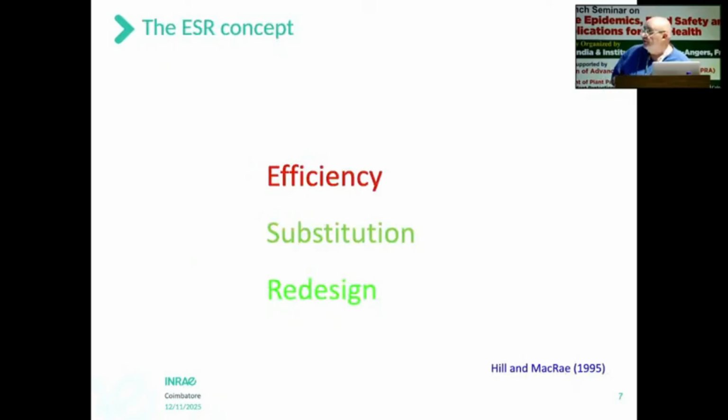I have to introduce another concept. I don't know if you're familiar with that in India, it is the concept of ESR. So efficiency, substitution, redesign. Efficiency, it's when you optimize pesticide use. So it can be just modifying the nozzle that you're using for spraying, or it can be using decision support system to decide when and which pesticide to use.